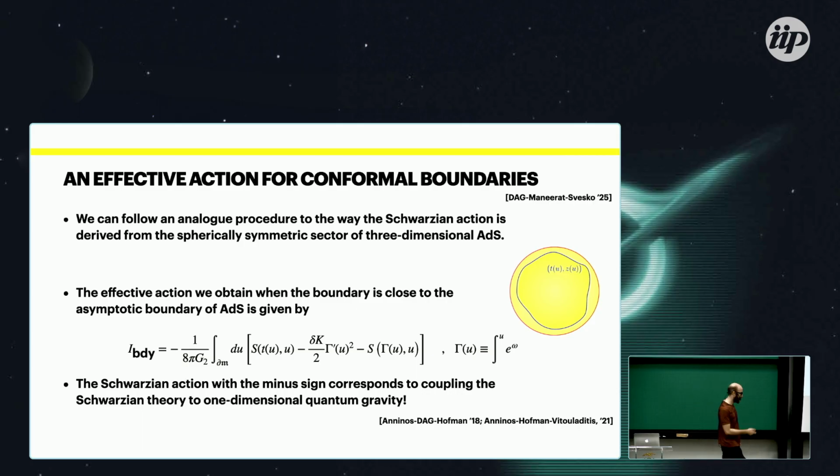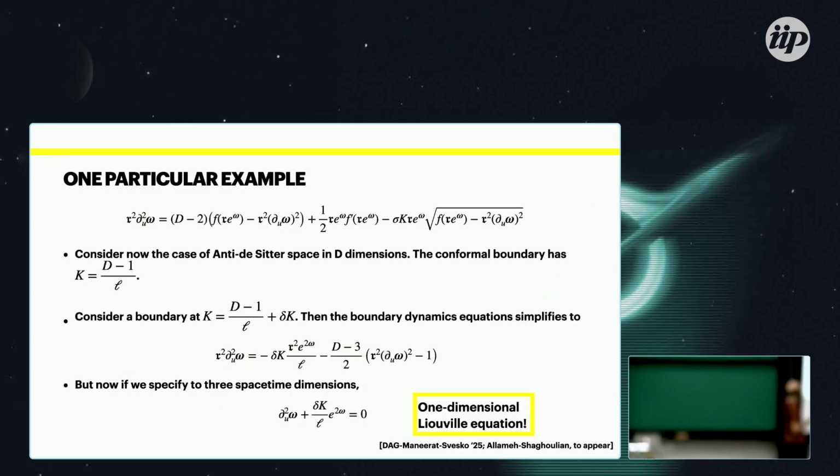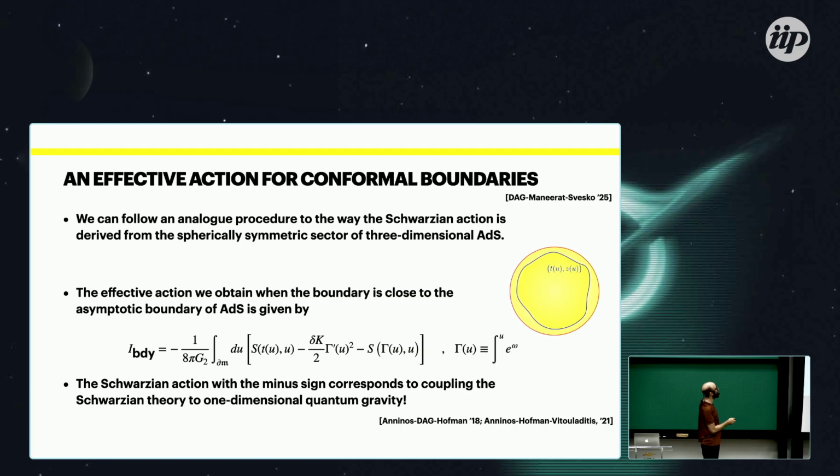Because solving this equation is quite hard in full generality, this, I think, is the closest so far we will get to having a microscopic interpretation of these conformal boundaries, that will happen when the boundary of this conformal boundary is very close to the conformal boundary of AdS in 3 dimensions.